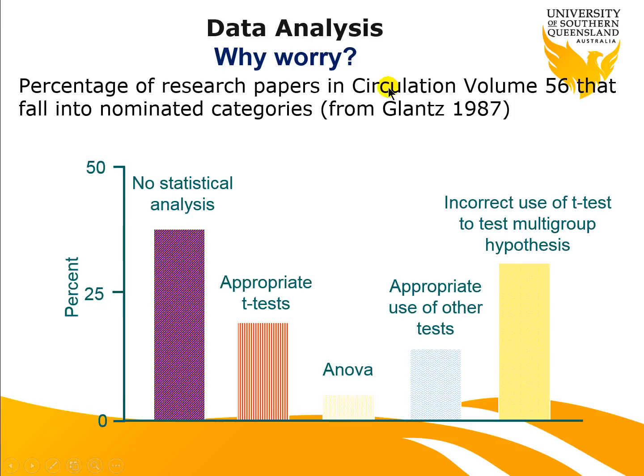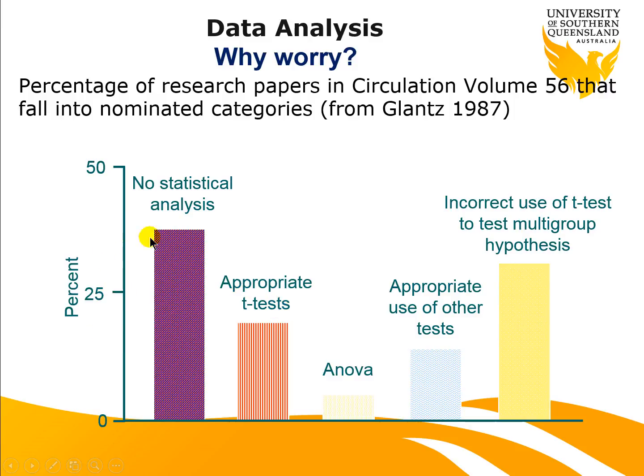In this one, again from Glance in 1987 in Circulation, volume 56 of this journal, we've got the percentage of papers that had no statistical analysis, appropriate t-tests, appropriate use of ANOVAs, appropriate use of other tests, and incorrect use of t-tests. Again, we might come back to this one.